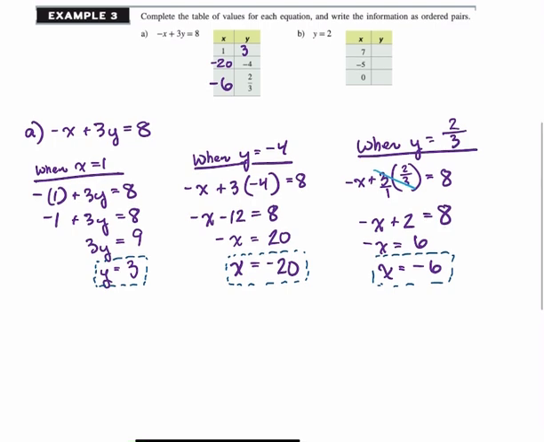So let's look at B. So notice the equation for B just says y equals 2. And they give us a bunch of x values to plug in. But in the equation, there's nowhere to plug in x.